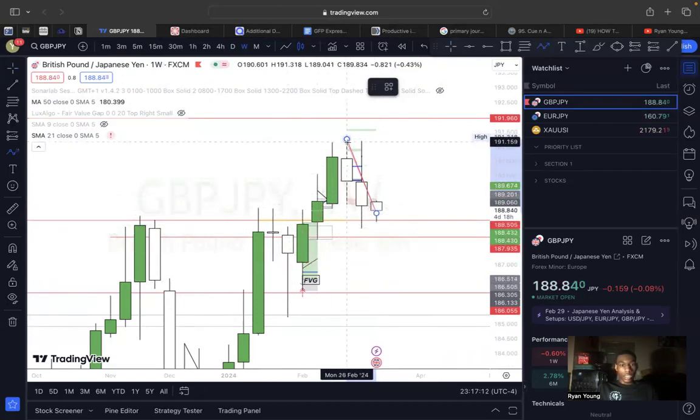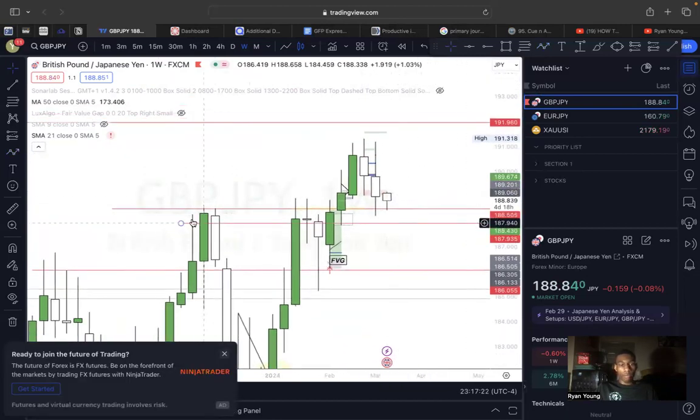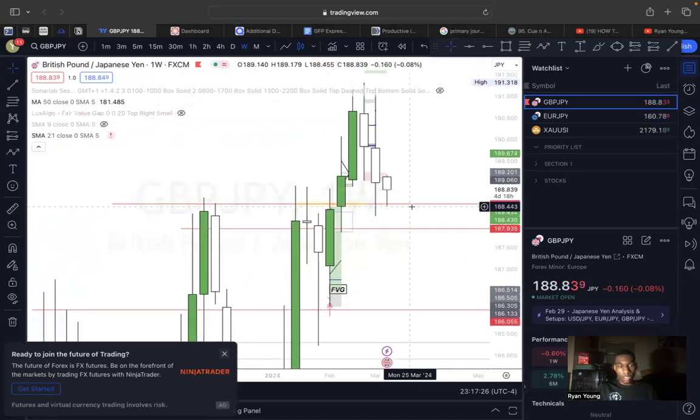As we can see, in the past 2 weeks, because this is live, we've been a little bearish. And notice how price has come down to this area at 188.500.